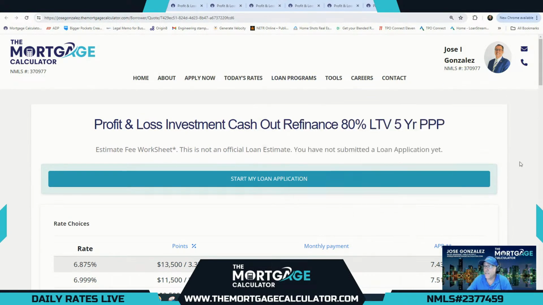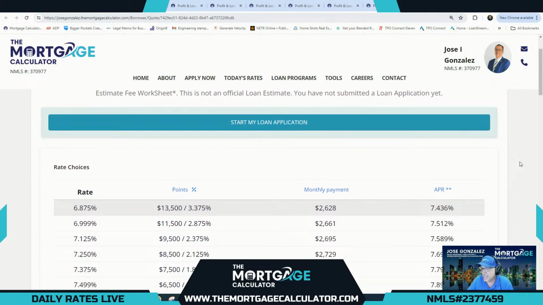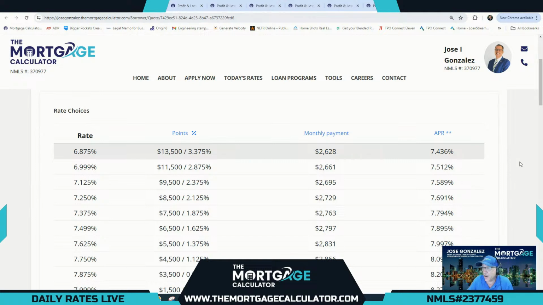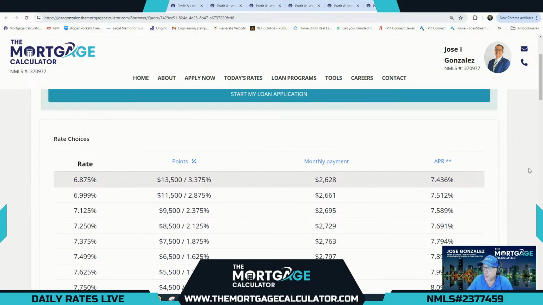Now, our investment cash out also at 80%. But now, notice, even though it's investment, since we are adding a 5-year prepay, and since we can go a little bit higher in the cost to the borrower, our lowest rate is now 6.875.